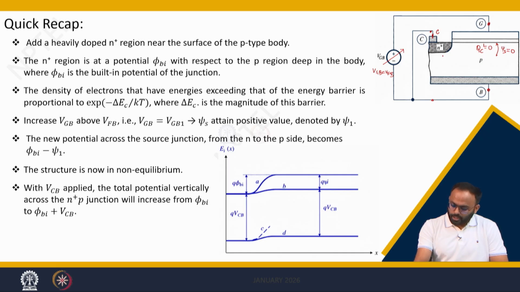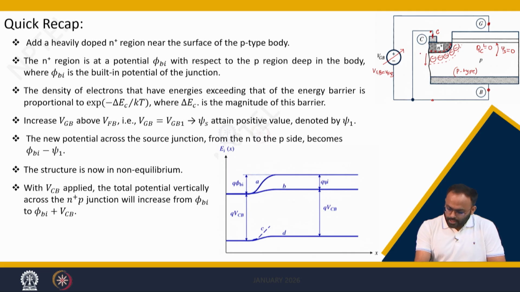Even if we short, this N plus P junction can have a built-in potential, because the depletion region is expanded in the P body. So, this is P type semiconductor and the depletion region expands in this region, and there is a depletion region expansion at the N plus region also, which we ignored for simplicity.